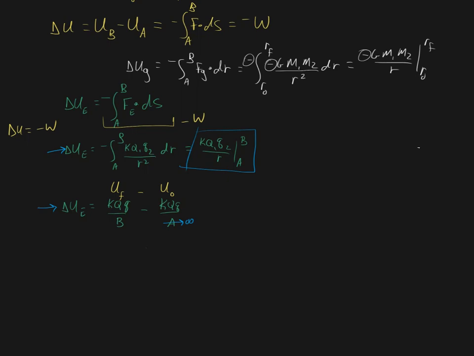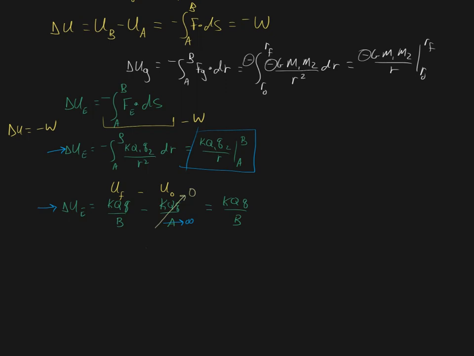And if we take the initial position to be infinitely far away, that makes that whole term go to 0, and we end up with delta UE is just equal to kQQ over B, which is our final position. Now, what is our final position? Well, our final position is how far we are from the source charge.